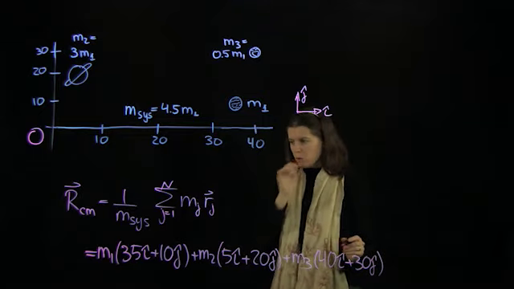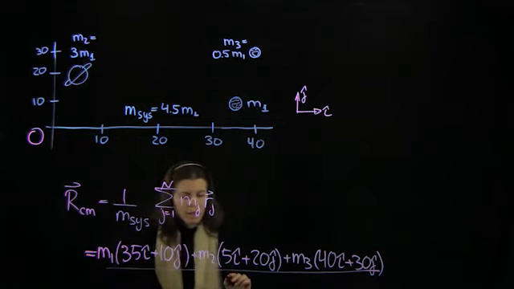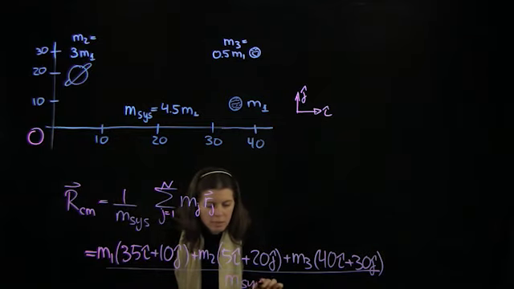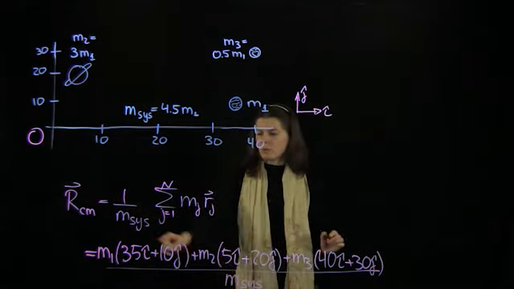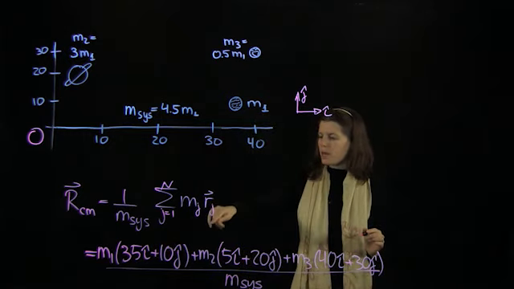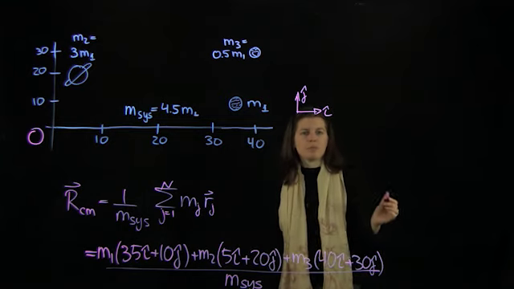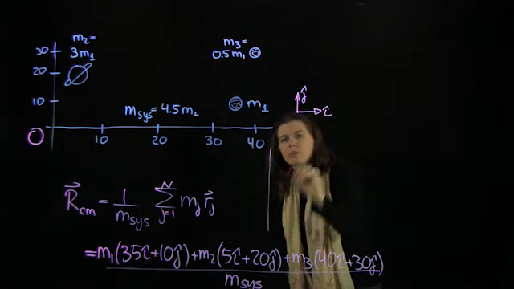And of course that has to be divided by my system mass. And what we can do is we can concentrate first on the x component and then on the y component. And maybe we'll just continue here.